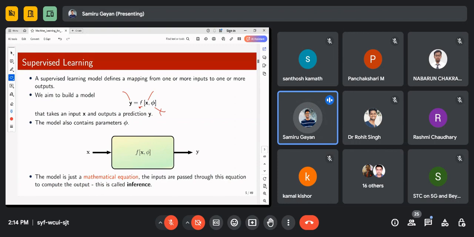For example, if my input is 1, 2, 3, 4, and my output is 2, 4, 6, and 8, we can easily figure out the relationship between these two. My output will be 2 times x. I can directly say it, and this 2 becomes a parameter.